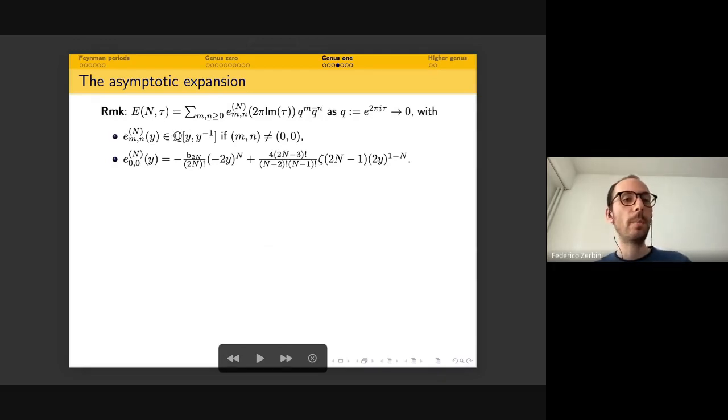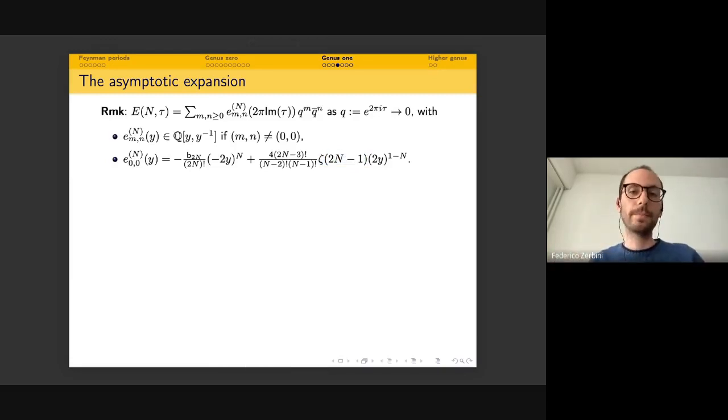And these Laurent polynomials will have rational coefficients in general if m, n are different from 0, 0. And there is actually an explicit formula for them. But in the 0, 0 case, you have a first coefficient which is rational, which is a Bernoulli number, but you also have an odd zeta value, so something which is non-trivial.